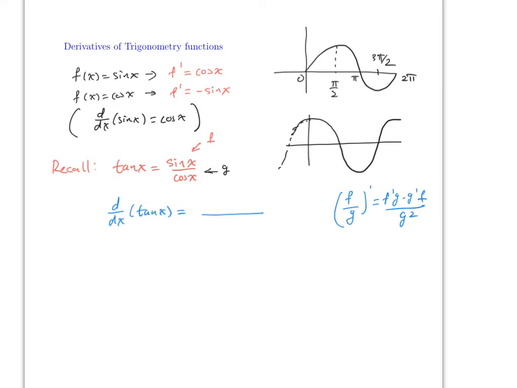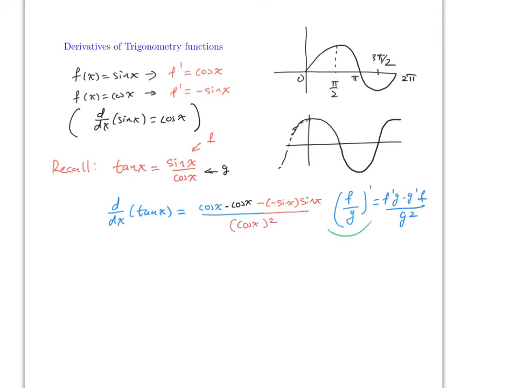So the derivative of sine, remember, is cosine, times g, which is cosine x. Now the derivative of cosine is minus sine, so this is minus sine, times the first one, which was sine, divided by g squared, which is cosine squared.